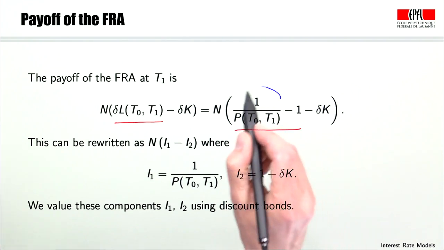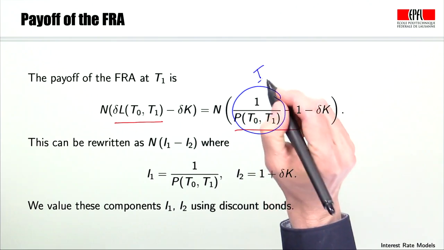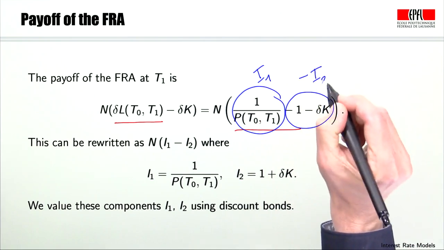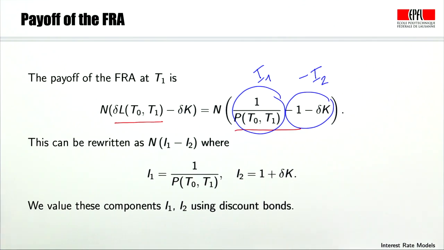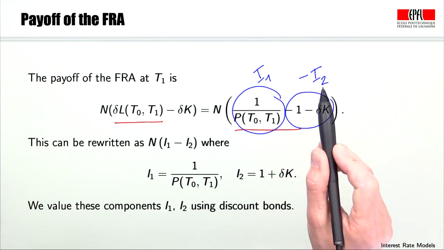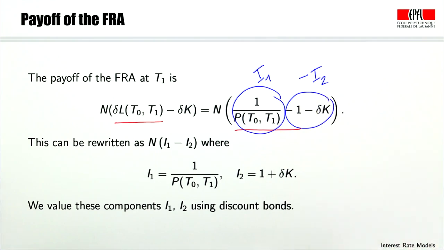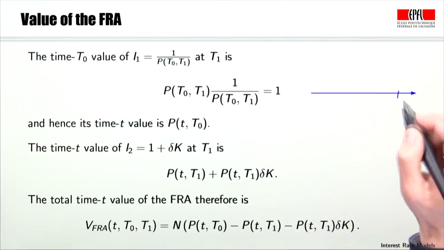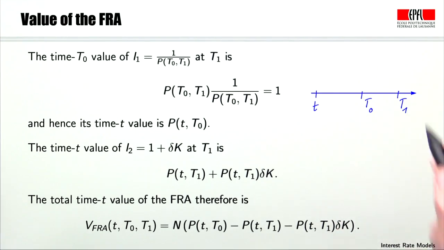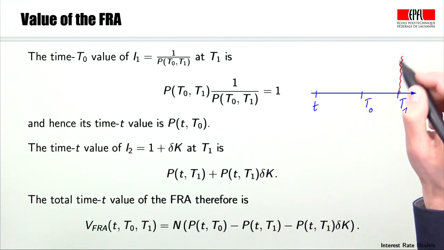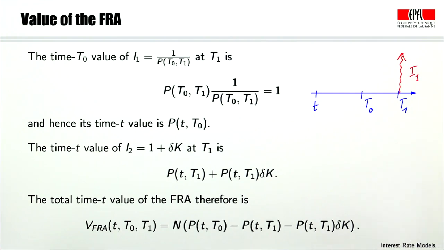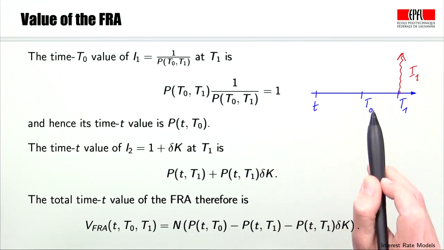We will then call this I1 minus I2, and we will value these components I1 and I2 separately using discount bonds. I1 is a cash flow that we do not know today at time small t, but we know it at time T0.